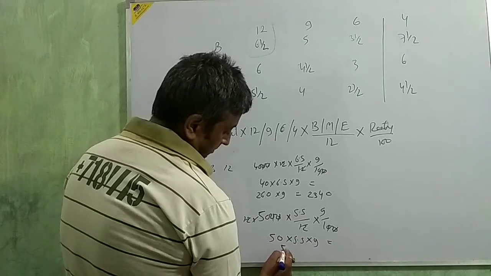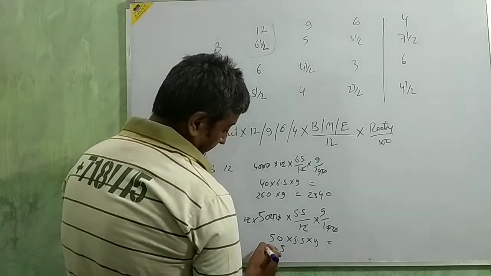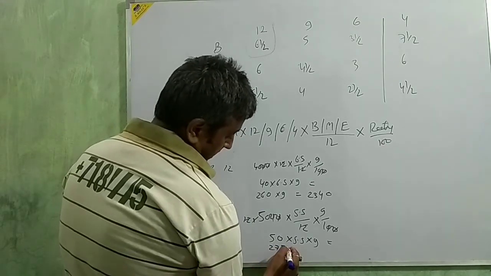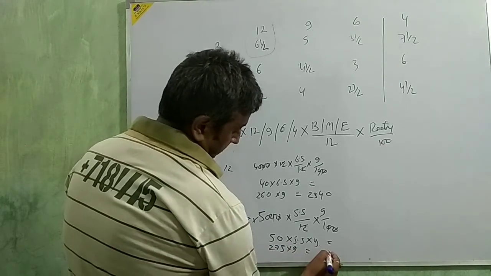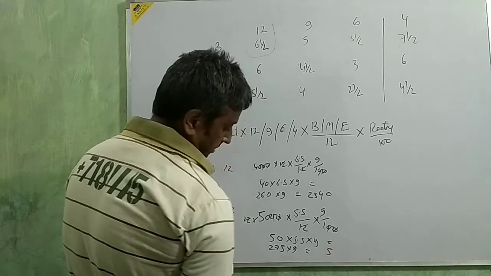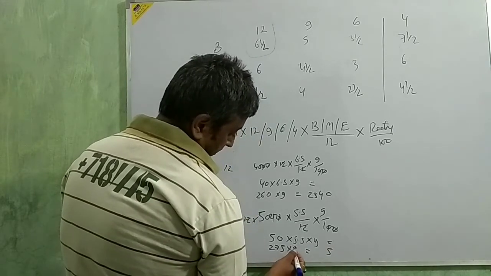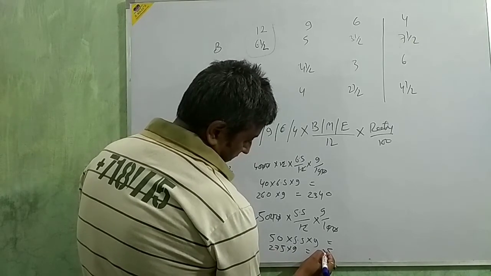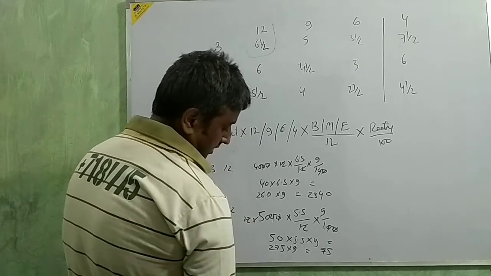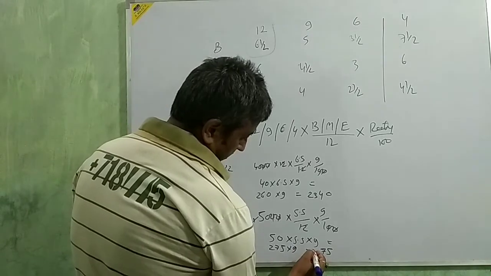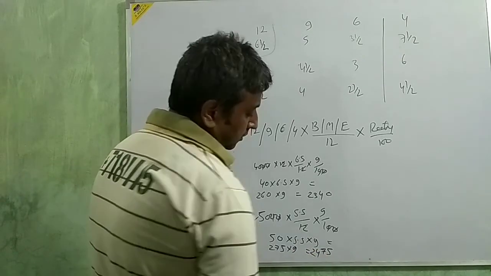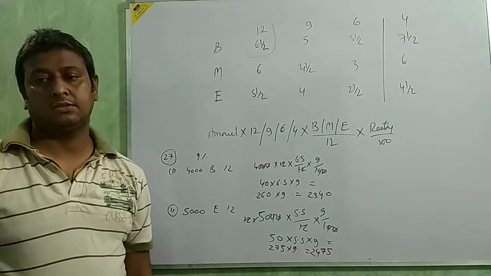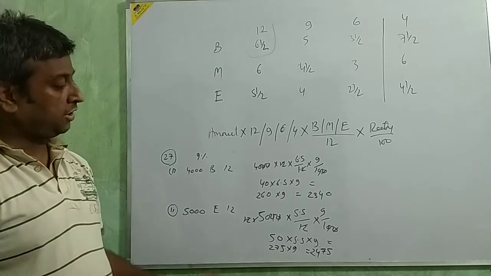Into 9. The answer is 2,475. Okay. Now it's clear, na beta?